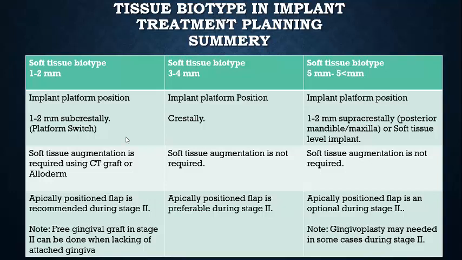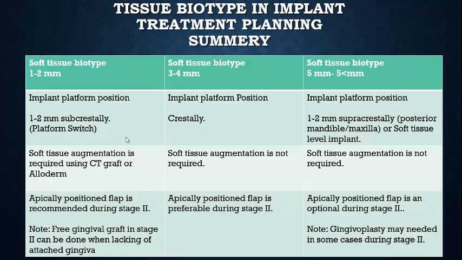When we have a soft tissue biotype of 3 to 4 mm, the implant platform should be placed crestally. Soft tissue augmentation is not required. However, an apical positioned flap is predictable during stage 2.